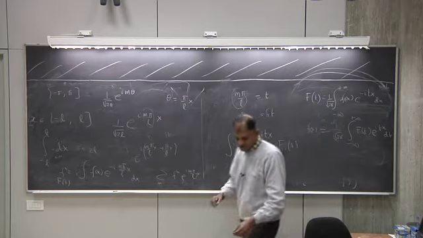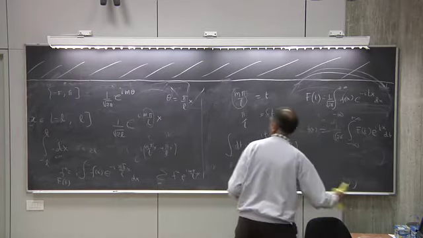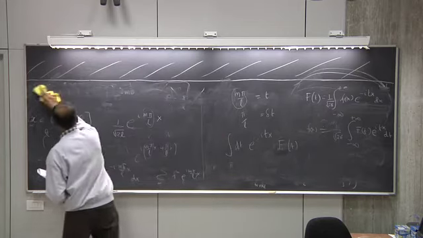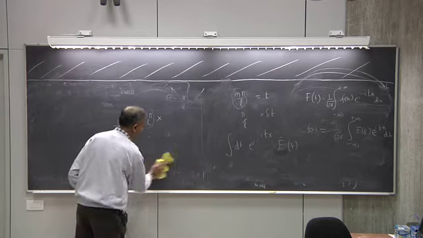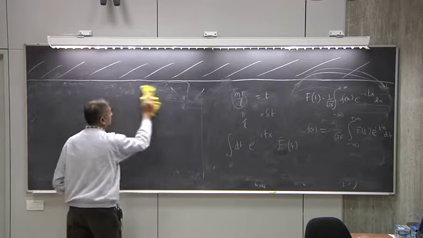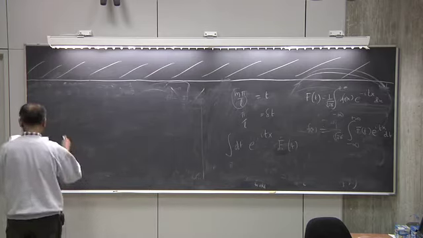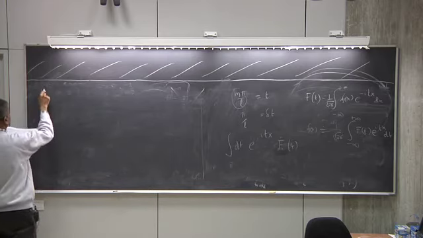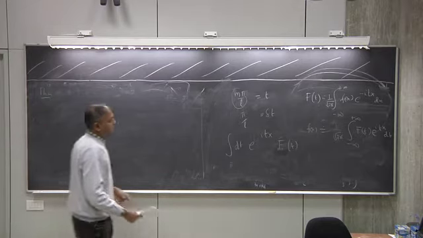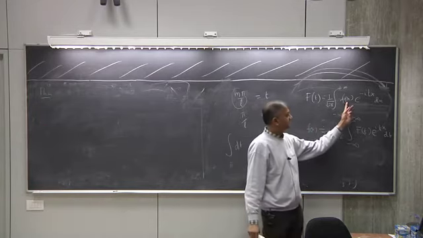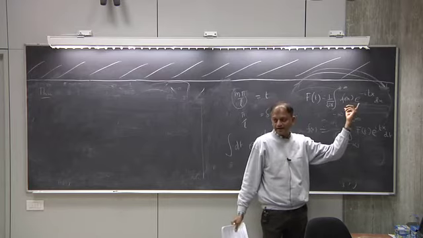Okay, so let me just state the theorems without proofs and then work out some examples. So the first theorem is the following. First of all, when you even write such expressions, we are assuming that this integral is well defined, that it gives you some finite answer.